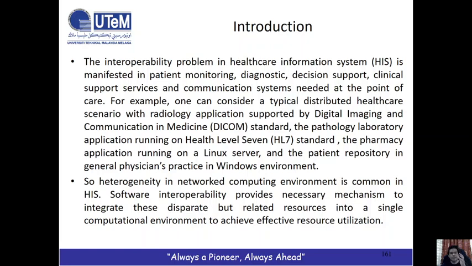So that's why interoperability is a hot topic to discuss in healthcare information system implementation. When we talk about e-health, we talk about digital health. So this is the first thing that we need to consider in our design and also the requirements.